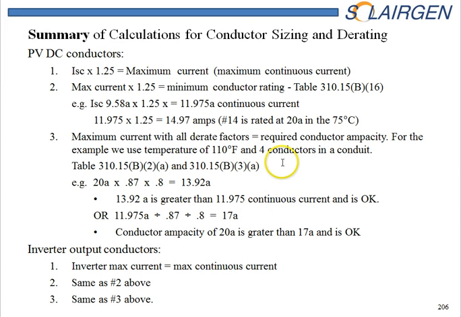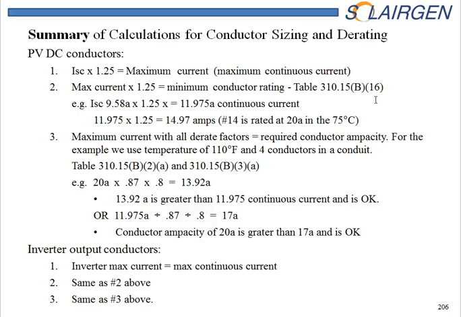Plug it into our formula, and what we need to do now is determine the actual environment in which the conductor is going to be placed. This table, 310-15B16, is based on 3 conductors in a conduit, no more than that, and it's also based on an actual temperature of 30 degrees C, 86 degrees Fahrenheit.